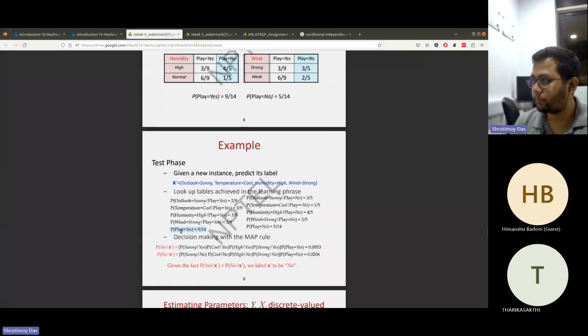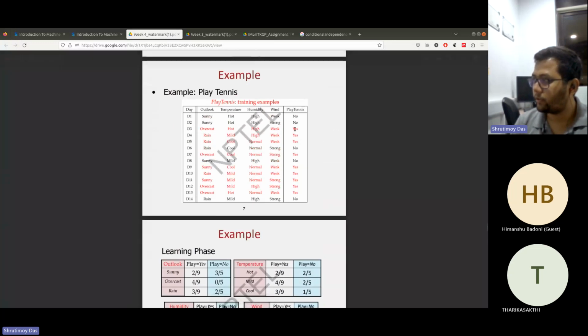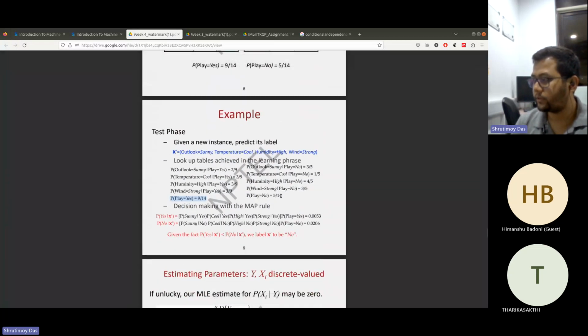So this is the prior that you have: given the data set, you can play tennis 9 out of 14 times, and you cannot play tennis 5 out of 14 times. Your MAP rule was calculating the maximum posterior.